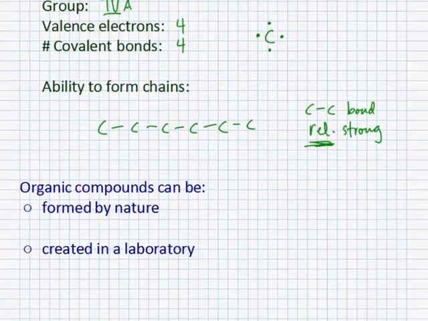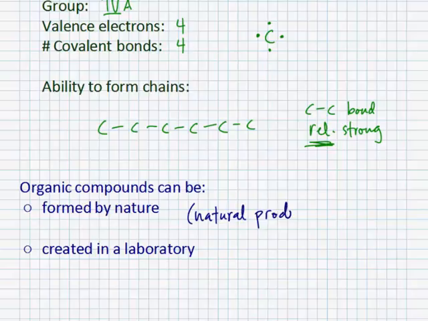So with our more general definition of what organic is, that organic compounds just contain carbon, that means we're not particular about where organics are from. Organic compounds can be formed by nature, usually called natural compounds or natural products. And nature is by far the most efficient synthesizer of organic compounds.